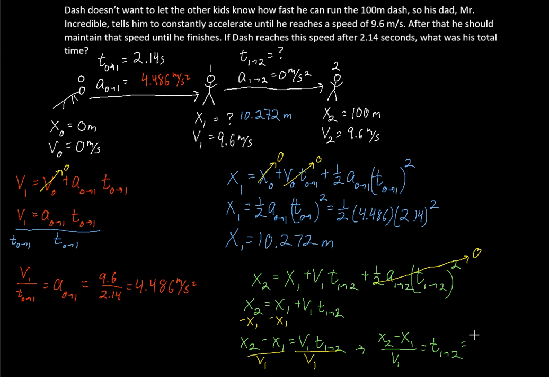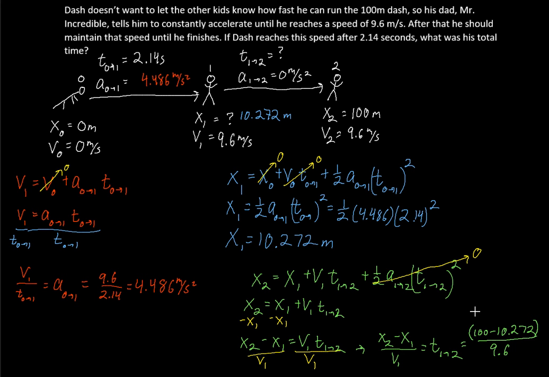Plugging in the proper numbers into our calculator, x2 is 100 minus x1, 10.272, all divided by v1, which if we look up at our chart is 9.6. Plugging that into the calculator, be very careful. This tends to be where some people make mistakes. Be sure that this top goes in parentheses. If you don't put the whole numerator in parentheses, then your calculator is going to take 10.272 divided by 9.6 and then subtract that from 100. So just be very careful with how you plug it into your calculator.